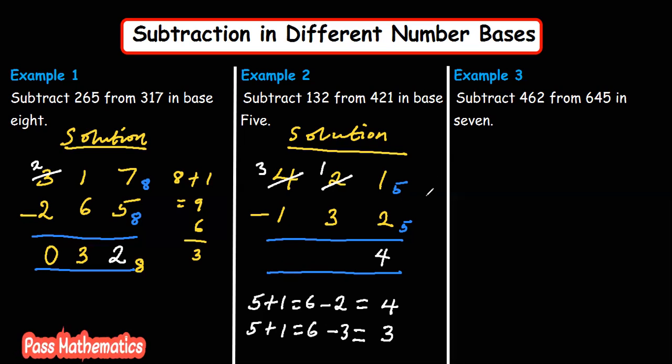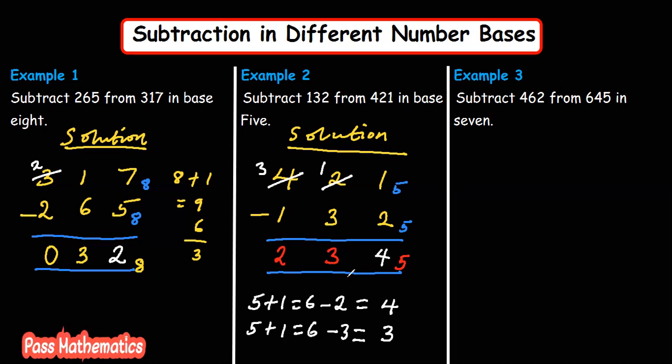So we write down 3 here. And then here we have 3 left. 3 minus 1, we have 2. So our answer is now 234. That is 234 in base 5. So we write it here. So this is the answer.